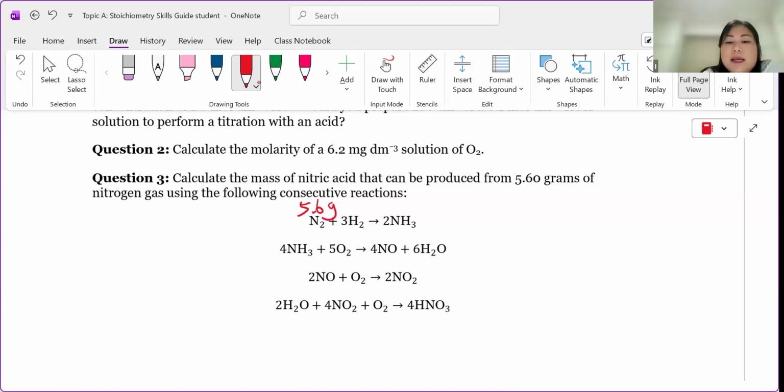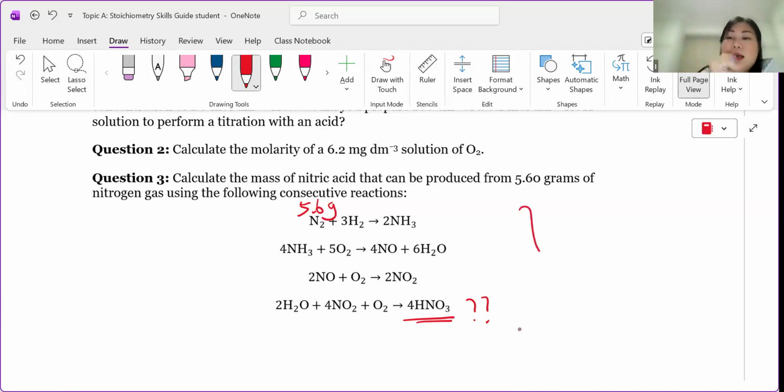Of course, you can say, I do 5.6 gram first, then I find ammonia, then from the ammonia I find how much NO, then from the NO I find NO2, then for NO2 I find HNO3, which is possible, but very slow.